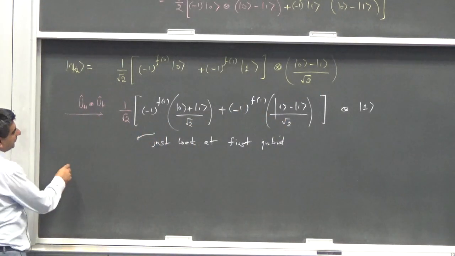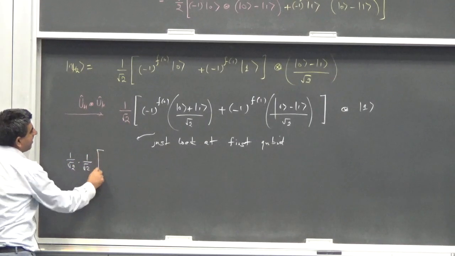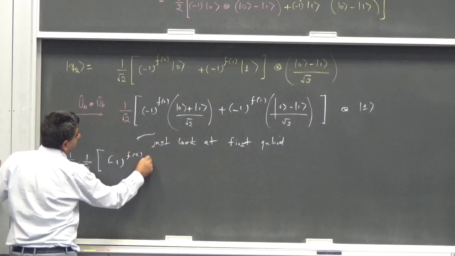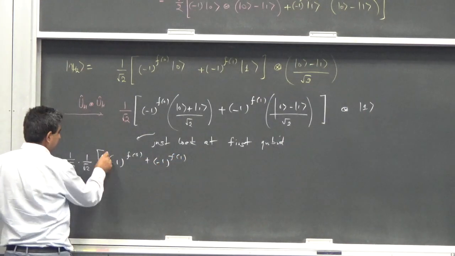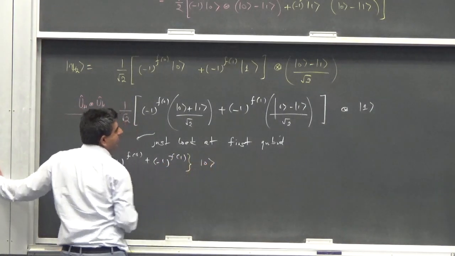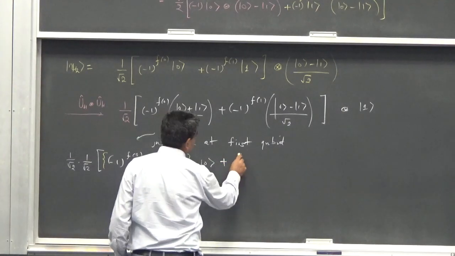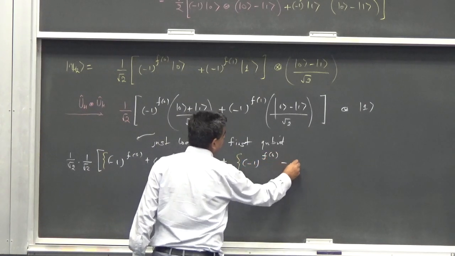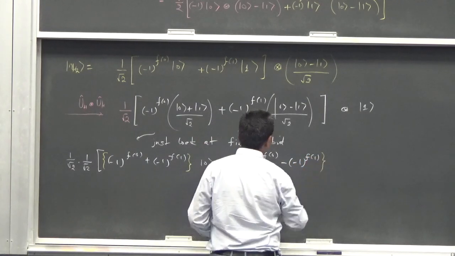So the first qubit will go as follows: 1 over root 2, 1 over root 2, ((-1)^f(0) plus (-1)^f(1)) |0⟩ plus ((-1)^f(0) minus (-1)^f(1)) |1⟩.